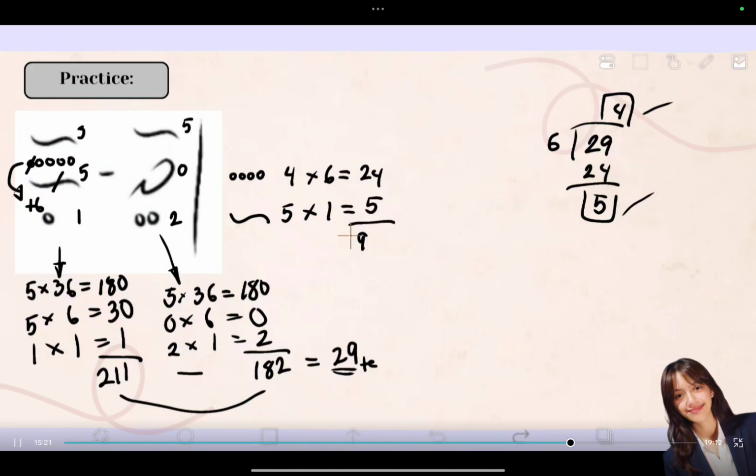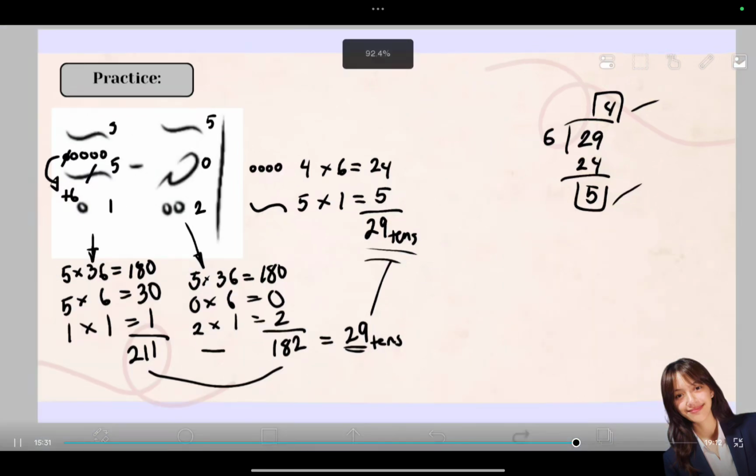Adding this up, 29 tenths. Same ba nito? Same. So therefore, we can confidently say that our answer 45 or 45's base 6 is the right answer for this problem.